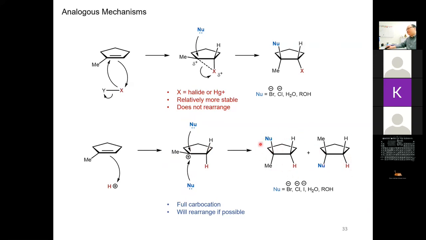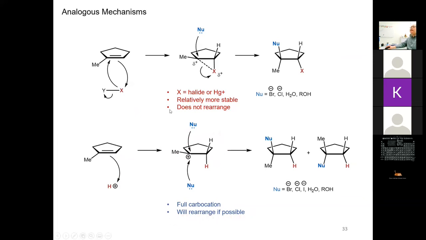So it will give two products, like the anti and the syn. And the second problem of starting with a proton is that it will rearrange because the carbocation is now complete. It cannot be stabilized by the proton. So that means the carbocation is a full carbocation that can rearrange. It can become a more stable carbocation. So as I write here, it will rearrange if possible.